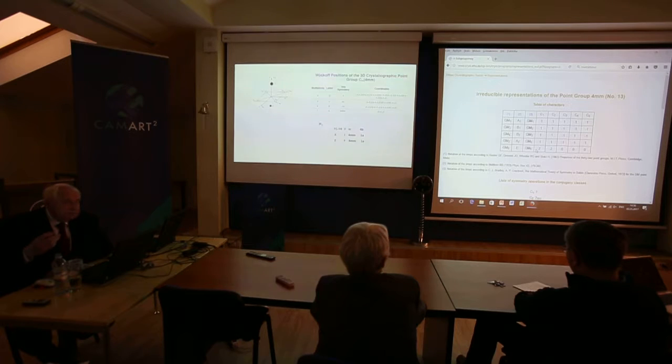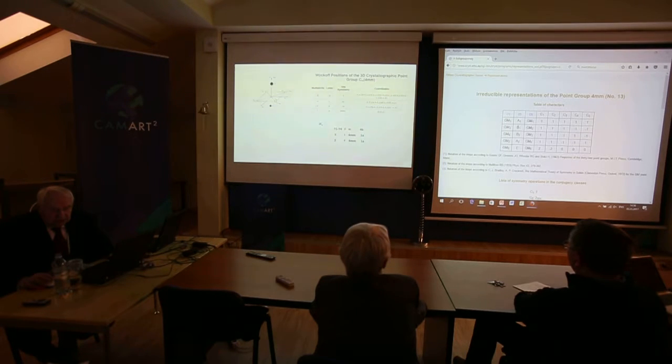And you need to divide 8 into a sum of 5 squared dimensions, and you see that it's possible to do it only one way: 1, 1, 1, 1, and 2. 2 squared is 4, and 4. Among them there has to be identity. In any group, both space group and point group, you always have the identity representation, which is one-dimensional and trivial.